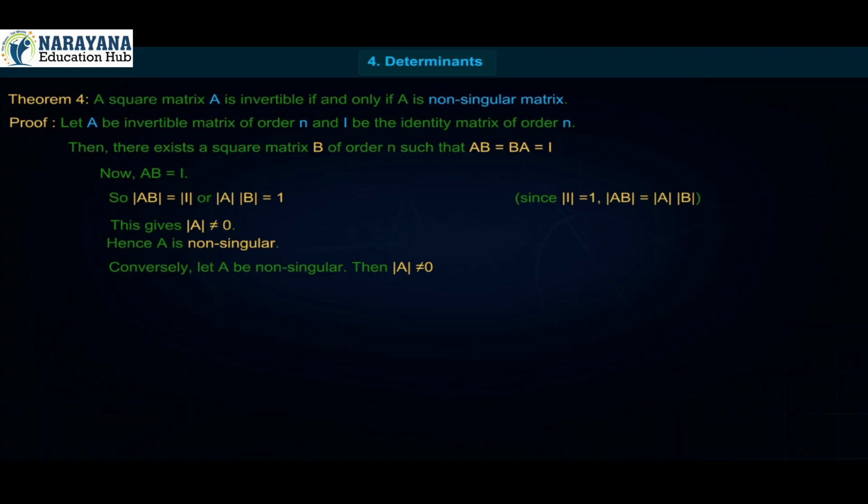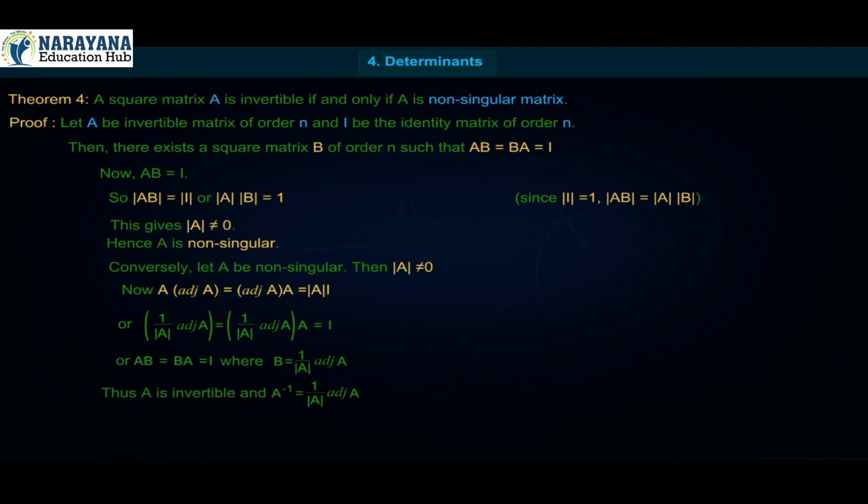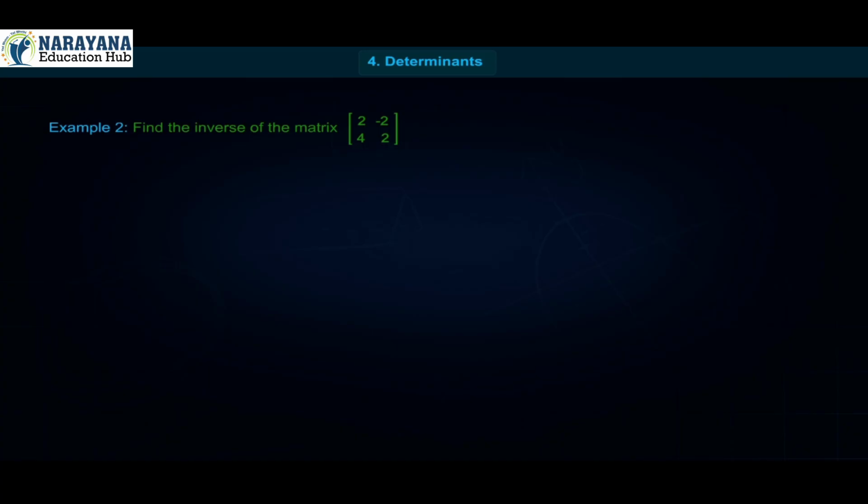Conversely, let A be non-singular. Then determinant of A is not equal to 0. Now, A times adjoint A is equal to adjoint A times A, which is equal to determinant of A times I, or A times (1 upon determinant of A times adjoint A) is equal to (1 upon determinant of A times adjoint A) times A, which is equal to I, or AB = BA = I, where B is equal to 1 upon determinant of A times adjoint A. Thus, A is invertible and A inverse is equal to 1 upon determinant of A times adjoint A. Example 2.